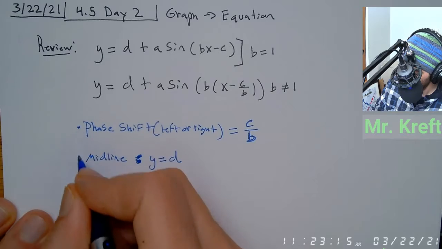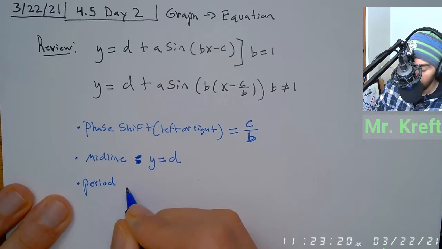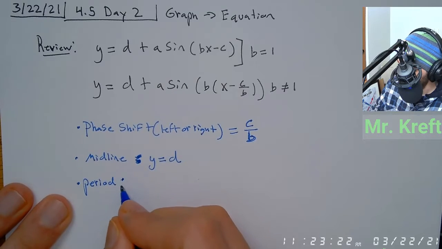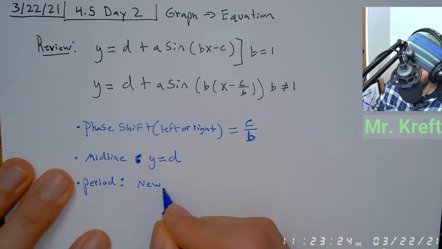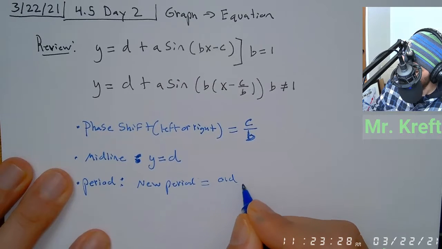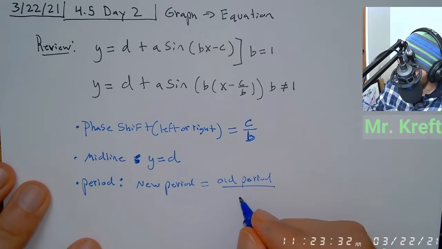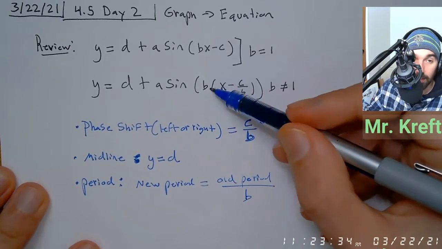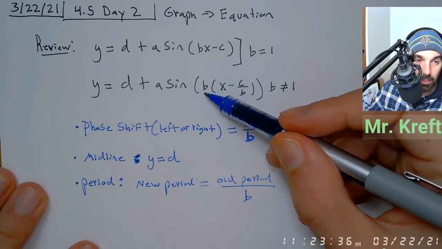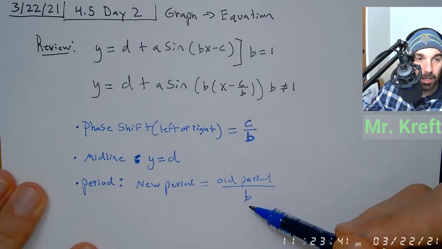The period: your new period is going to equal your old period divided by b. It's divided by b because it's an inverse relationship. Inside it's multiply by b, so when we go to get our period, it's divide by b.